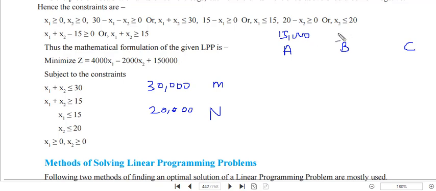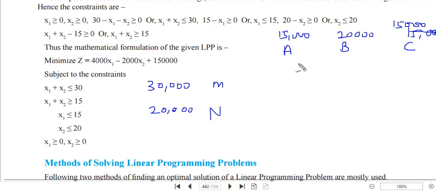Here B is 20,000 and C is again 15,000, right? And again we have some cost associated with supplying from these locations to these centers.